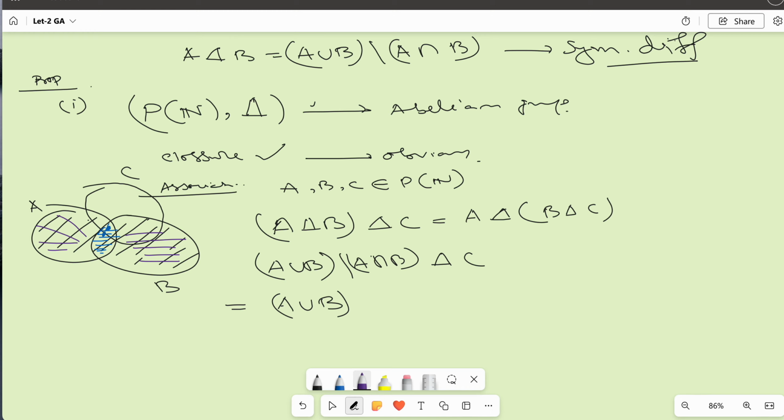And symmetric difference with C. That means this area, this portion. The portion that we have, this portion union with C, will give us the entire area with C, and intersection with C will remove this area and this area, the entire area.